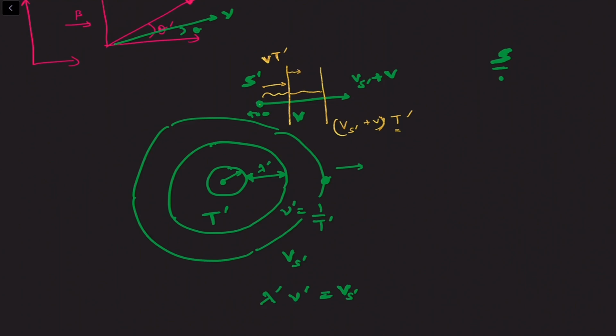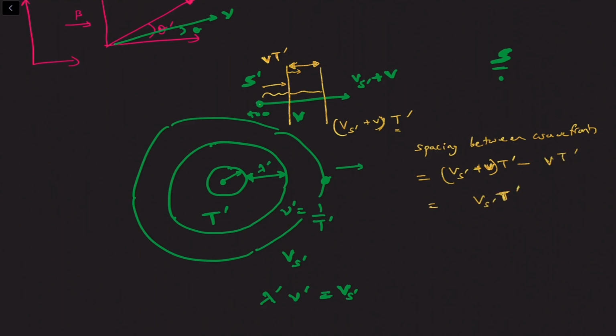And therefore the spacing between these wavefronts, as seen by observer S, would be Vs prime plus V t prime minus V t prime, which would be Vs prime T prime.